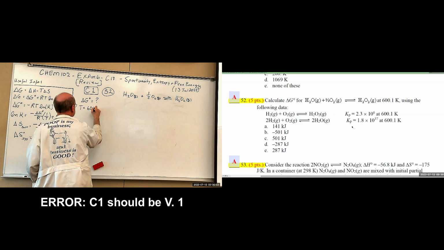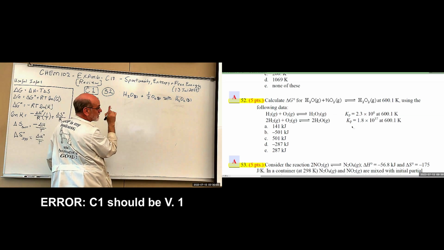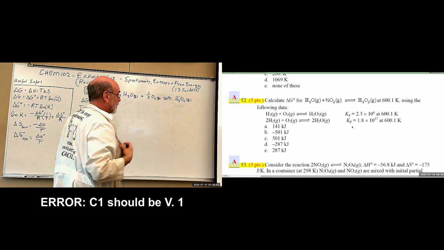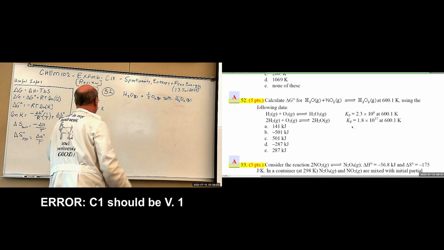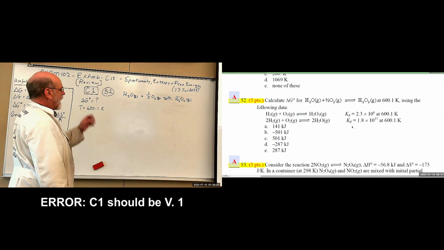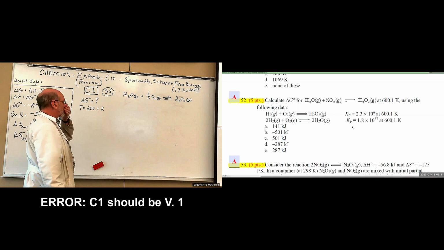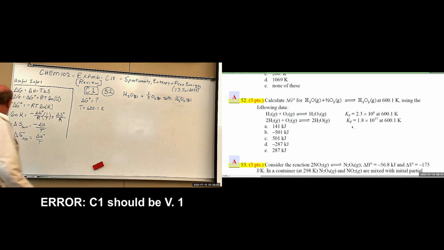Okay, and the temperature is 600.1 K. Okay, all right, we've got this other information. How are we going to find delta G 0? Well, we have delta G 0 here.